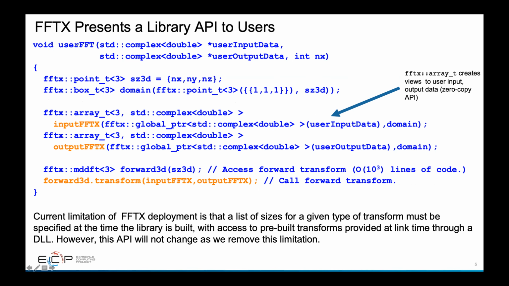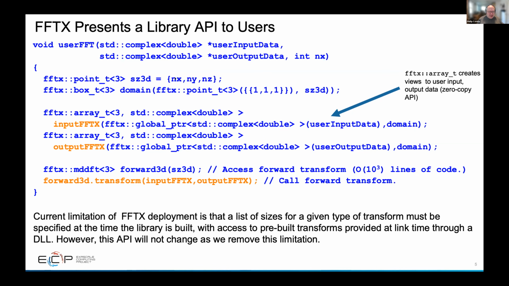So this is a user FFT, a function that might appear in your application, in which you pass in a pointer to complex of doubles as input, you pass in a pointer that's of complex of doubles, that's the output, and let's assume we're doing a cubic FFT just to keep things simple, so that you have something of size nx, nx, nx.